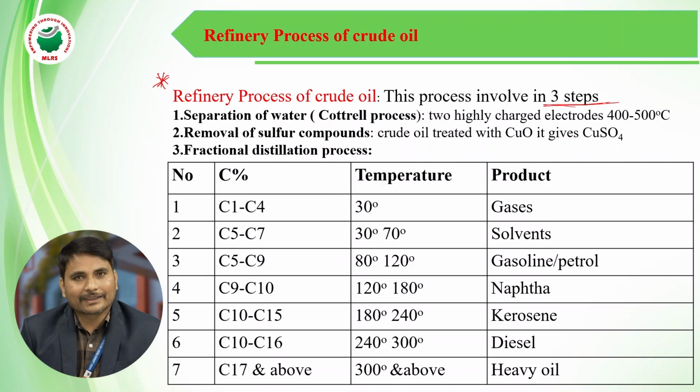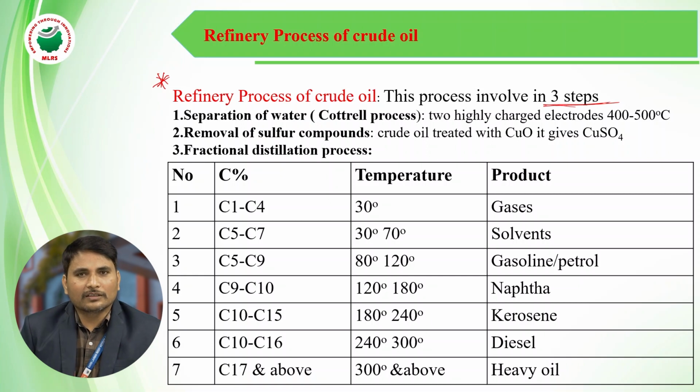We pass the sulfur-removed petroleum through a chamber containing highly charged electrodes. The electrodes separate the water as droplets, and the water is removed from the crude oil.